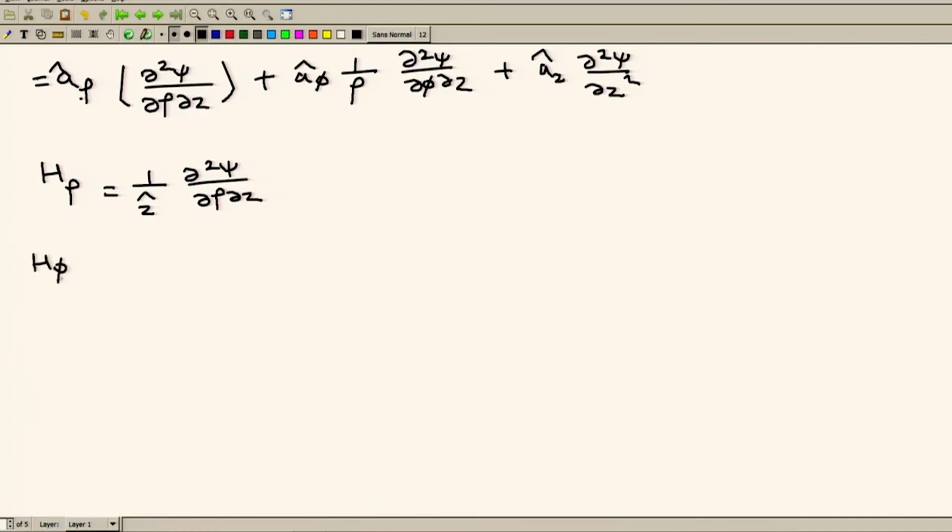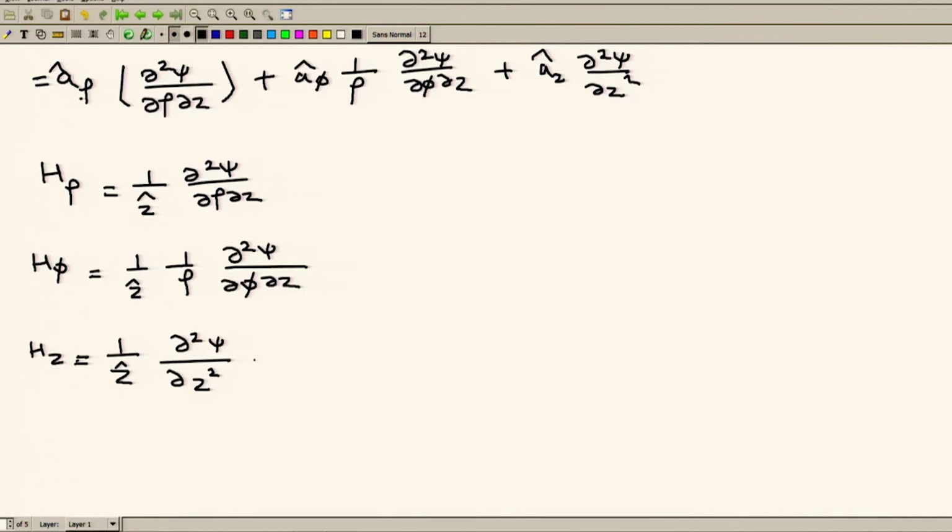H phi we will get 1 upon Z cap 1 upon rho del square xi del phi del z, and Hz we will have 1 upon Z cap del square xi upon del z square minus y cap xi.